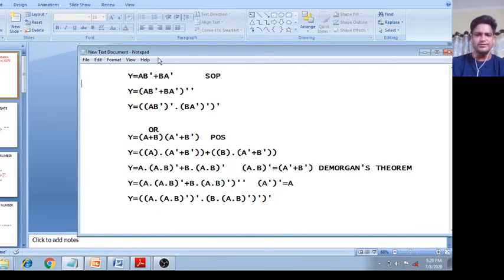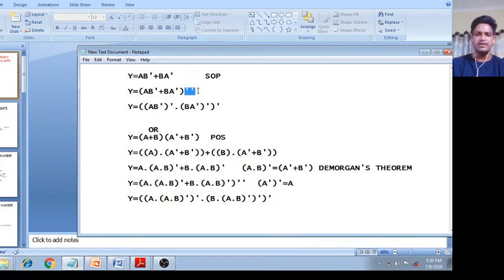So for this you have to remove this plus, and you know only by using De Morgan's theorem you can change this plus into dot. But you cannot directly apply De Morgan's theorem without having whole complement.